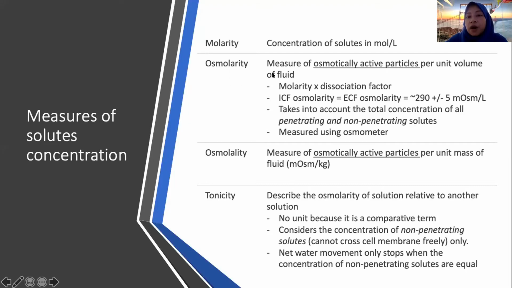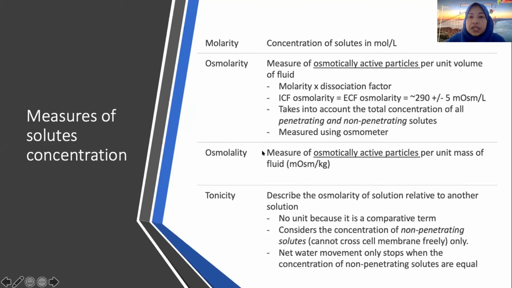Osmolarity, apart from calculating the molarity and multiplying it by the dissociation factor, can be measured with a device which we call the osmometer. Okay, osmolality. The difference is only the letter L here.